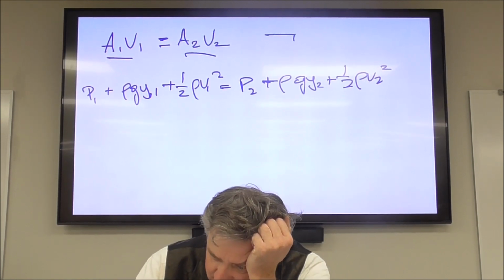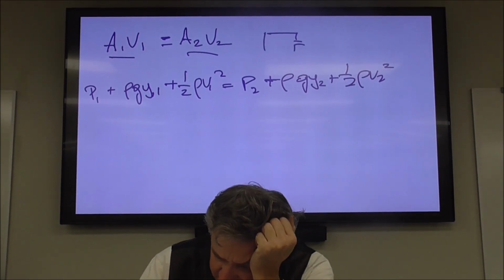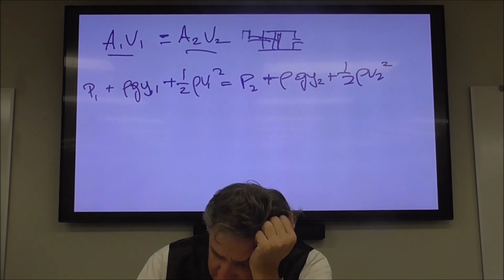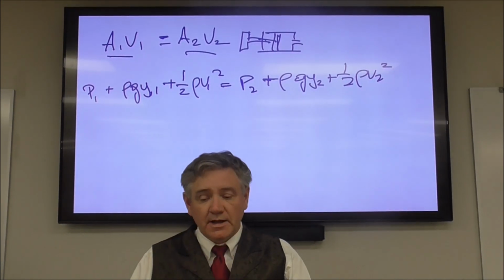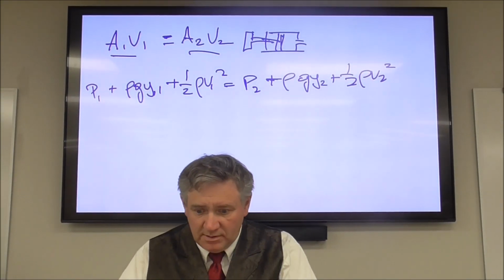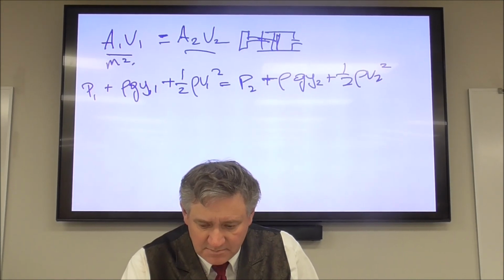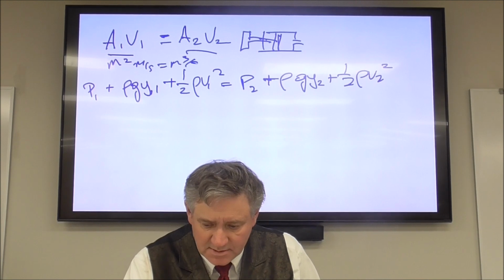That's typically how this plays out, like when you put your thumb over the end of a fire hydrant. But here's the main idea of this equation. If you look at the units, that's meters squared times meters per second, which is cubic meters per second.